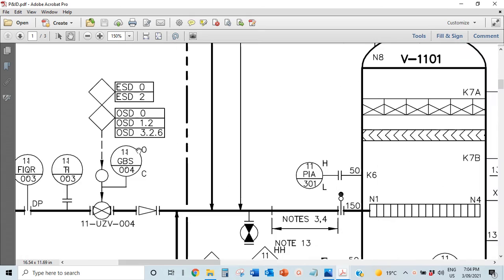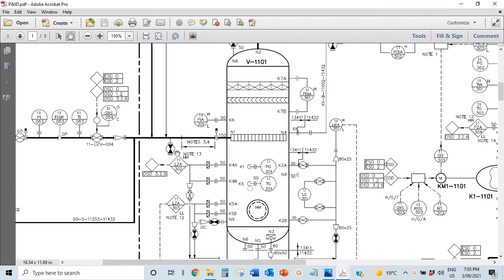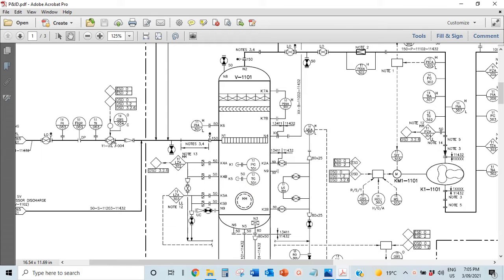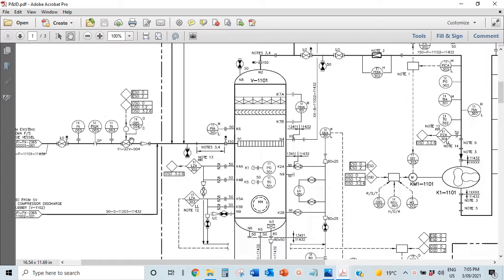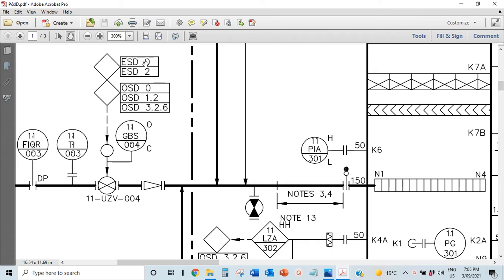It picks it up and it knows that it's supposed to close, and automatically traps whatever inventory is in here, so that it doesn't escalate and you don't have stuff flowing through the pipes. Now, when this happens, this is very key. There are different types of shutdowns. That's why on top you see ESD0, ESD2, ESD1 to OSD. So you could have an entire plant shutdown.